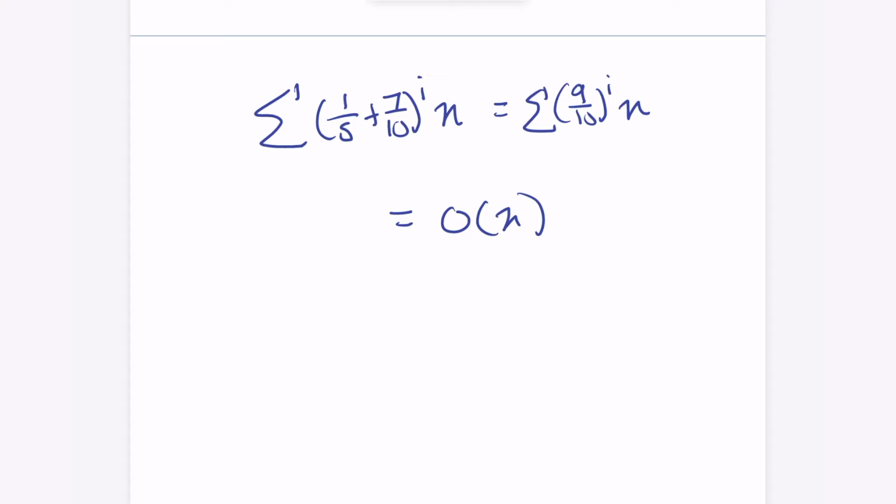So if this was 3, the question is why 5? If this was 3, what would you get? The shortest answer is it works. 7 also works.